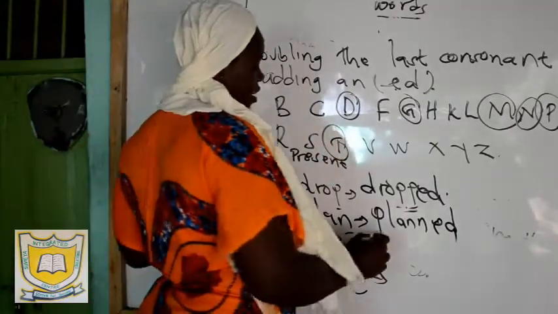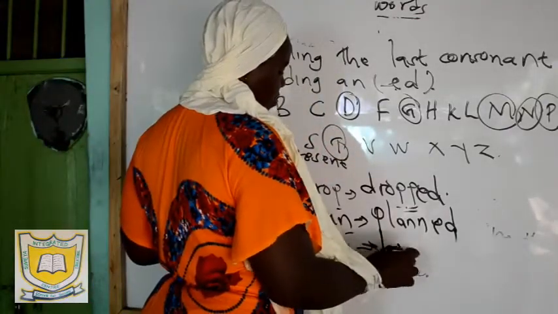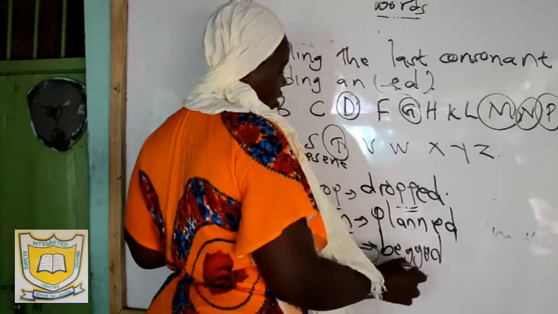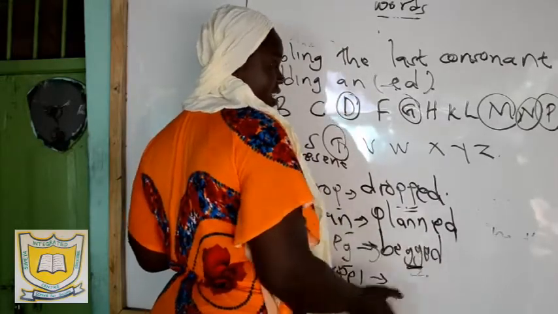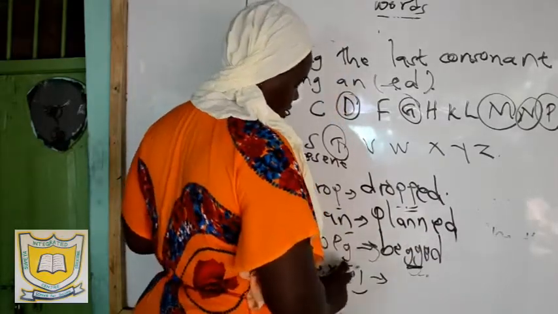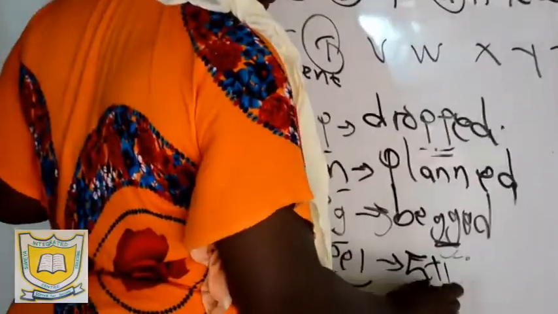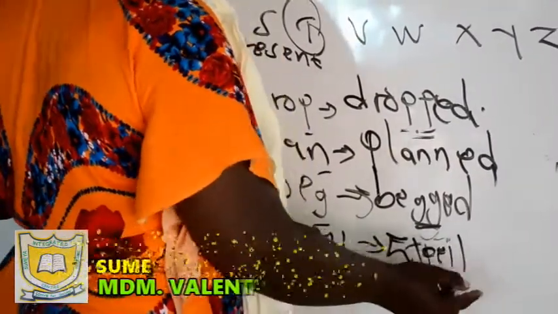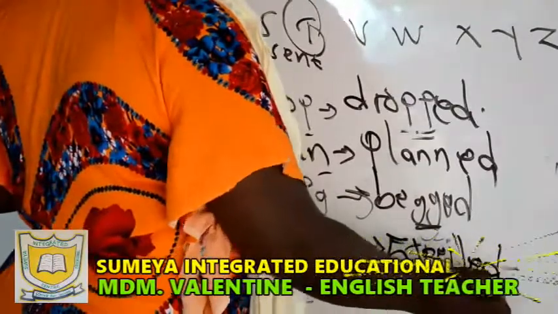You have beg, you double the last consonant, which is a G, then you add an ED to form begged. You have expel, you double the last consonant, which is an L, you add an ED to form its past tense.